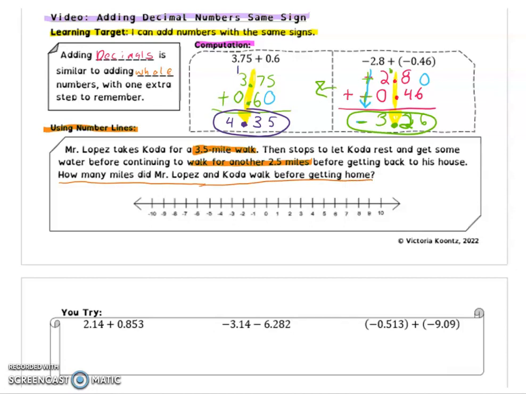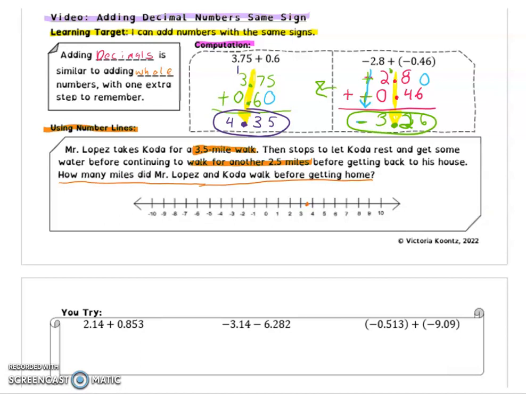All right. Okay. So we started at 3.5. Well, we don't have any decimals on here. Well, 3.5 is the same as what? 3.5. Well, I can kind of estimate where 3.5 is, right? So 3.5 is somewhere between 3 and 4. So I can go halfway in between 3 and 4. I can just put a dot there.